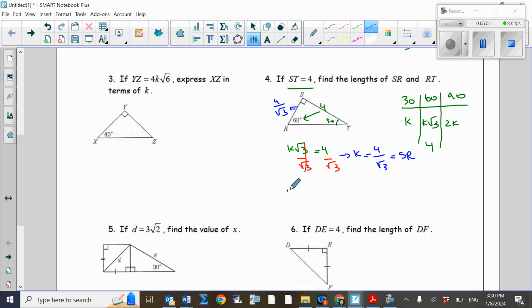So RT is 2 times k. So that's 2 times 4 over root 3. That's 8 over root 3. So this is RT. You can rationalize if you want, but I'm going to keep it like this for now.